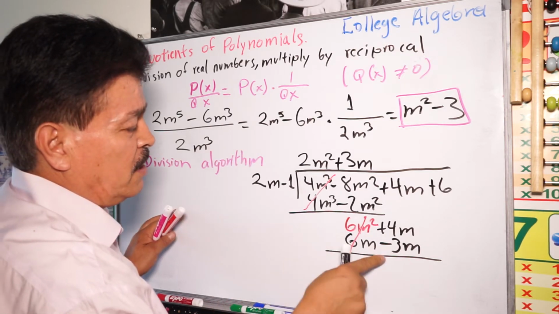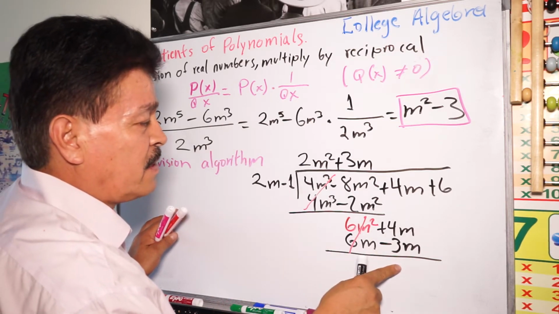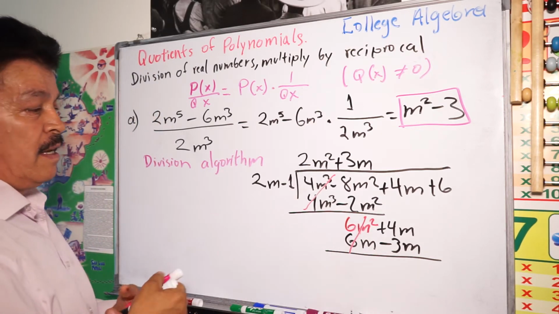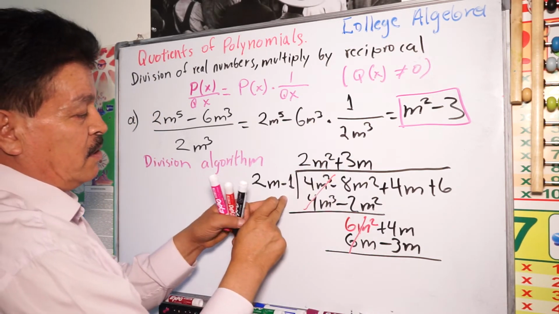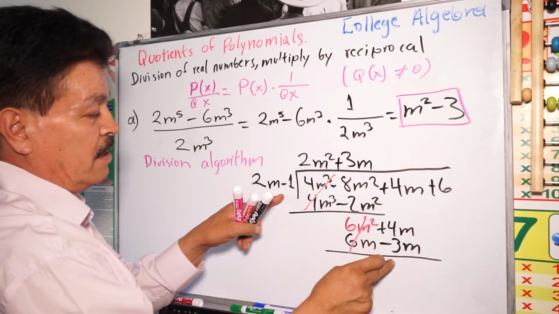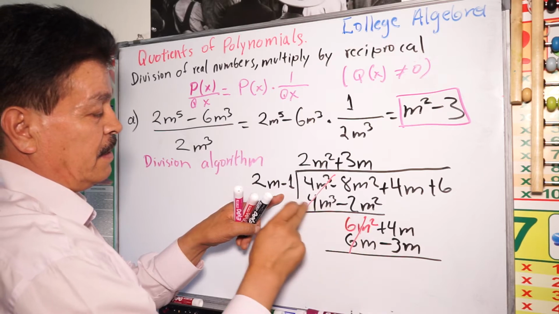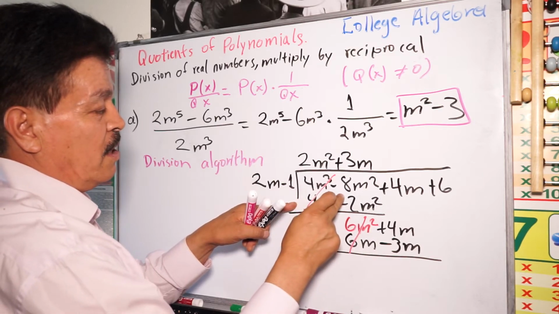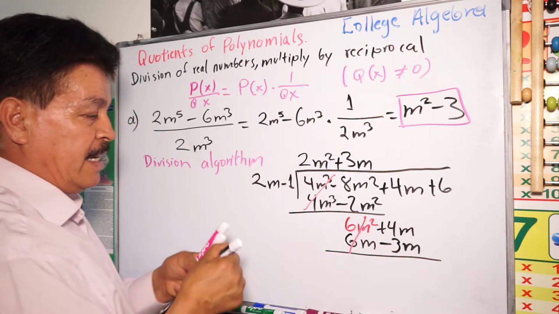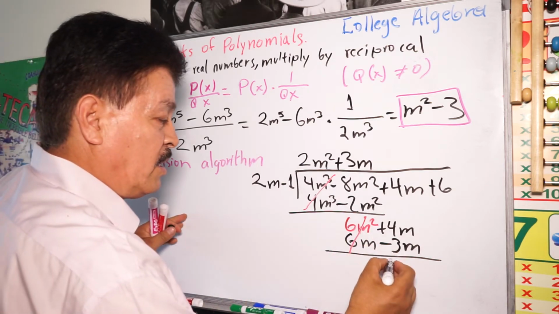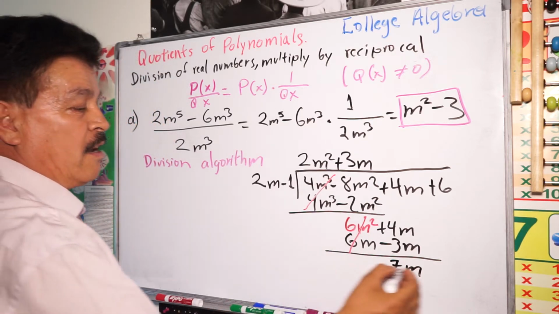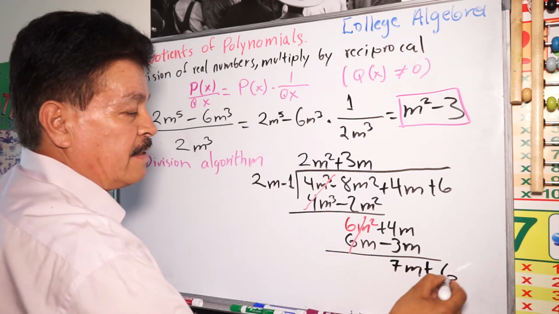I mean 3 times 1, yes, it's 3m. Let's review. It's positive 7m. Bring down plus 6.